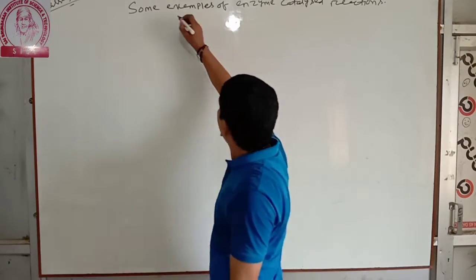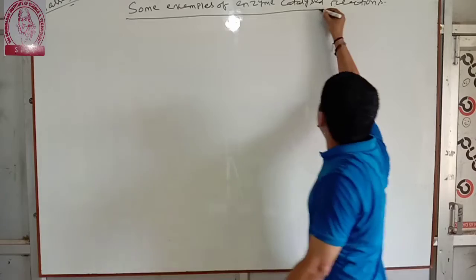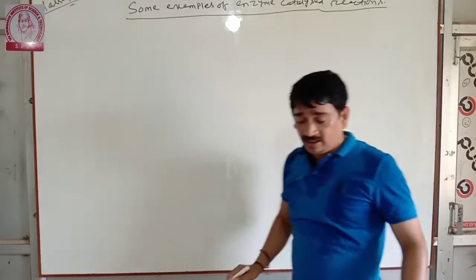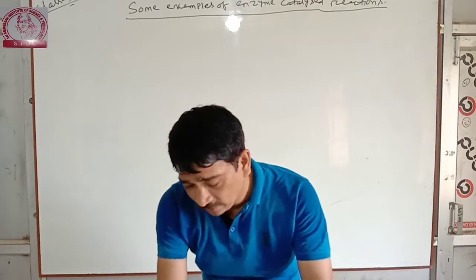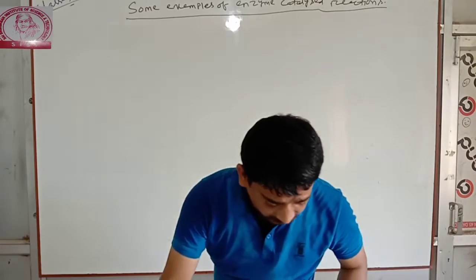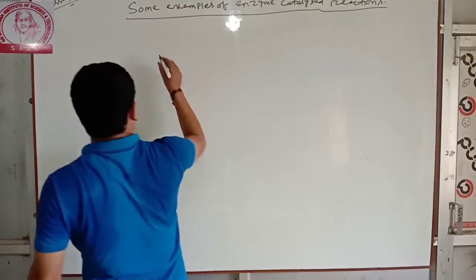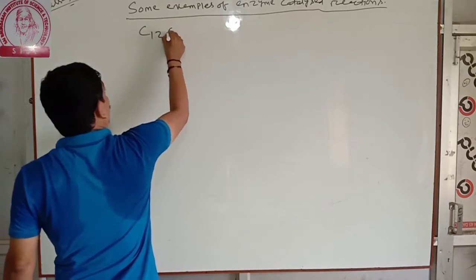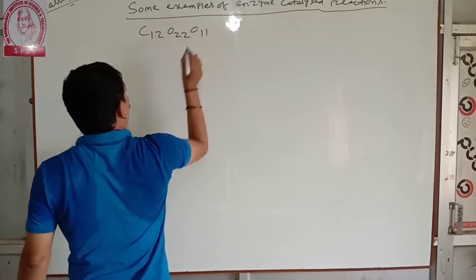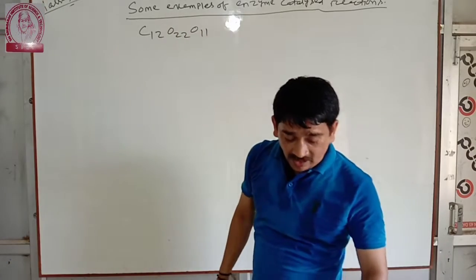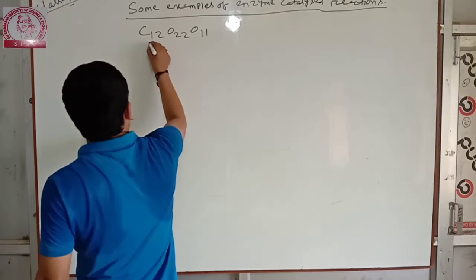Next, some examples of enzyme catalyzed reaction. This reaction will give you the data of enzyme catalyzed reaction. So cane sugar, C12H22O11.